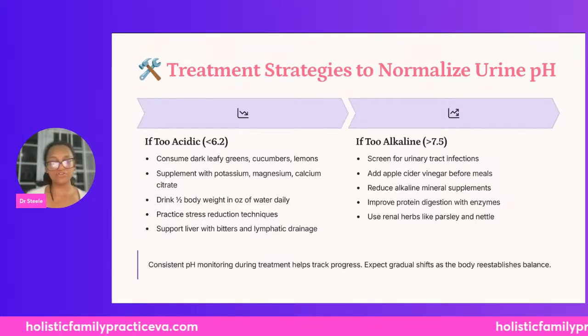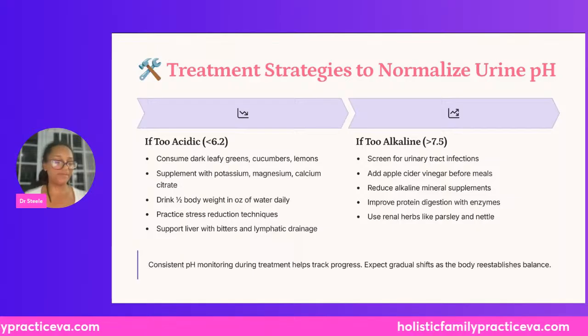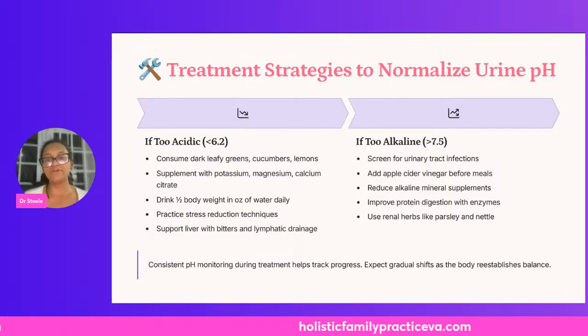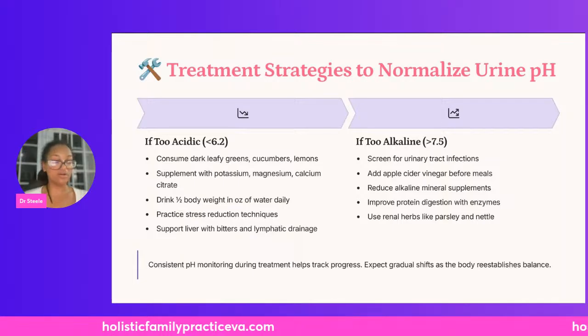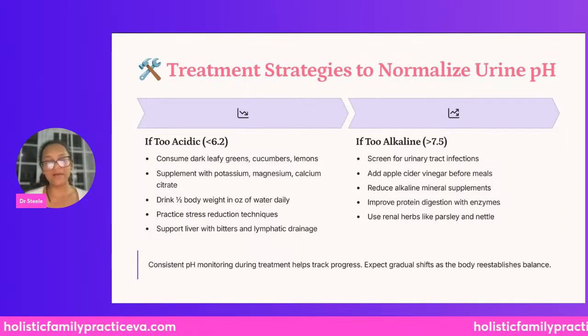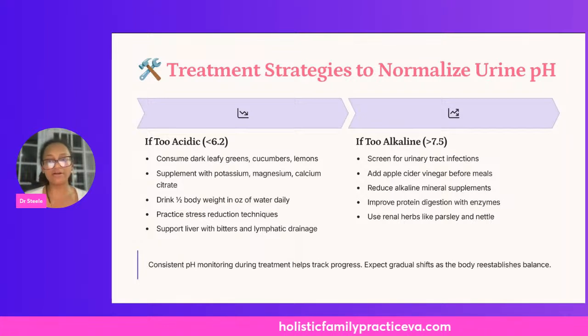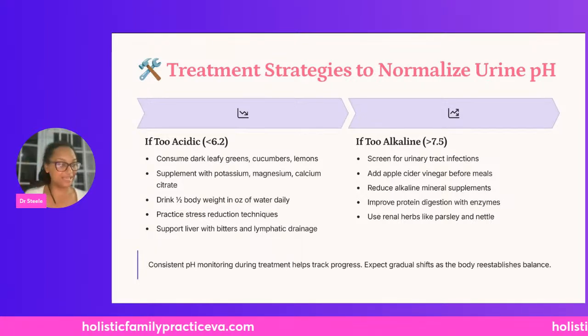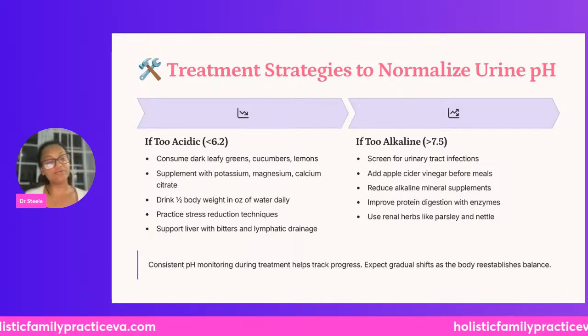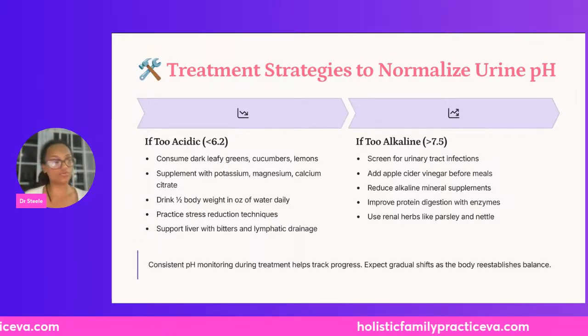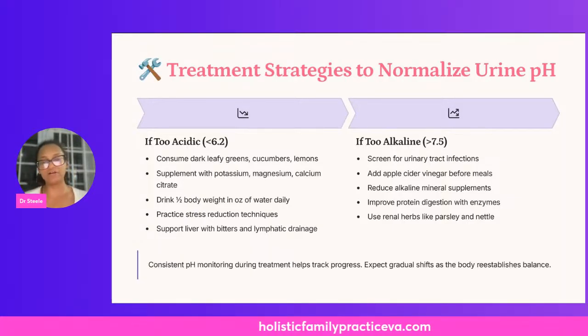If the body is too alkaline, meaning the urinary pH is above a 7.5, you want to screen for any sort of urinary tract infections because you'll want to address those. You want to add apple cider vinegar before your meals. Also, you can add lemon water. You want to reduce any alkaline mineral supplementation that you may be taking. So if you're doing a greens powder, you want to maybe back that off because you're driving yourself into too much of an alkaline state.